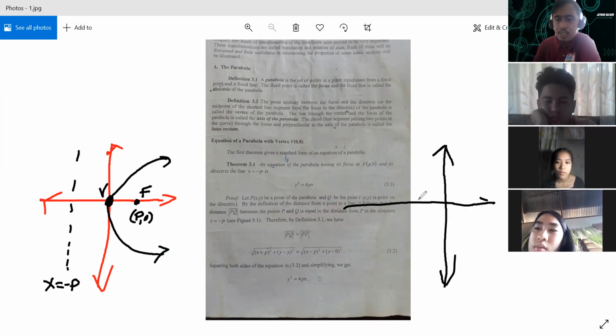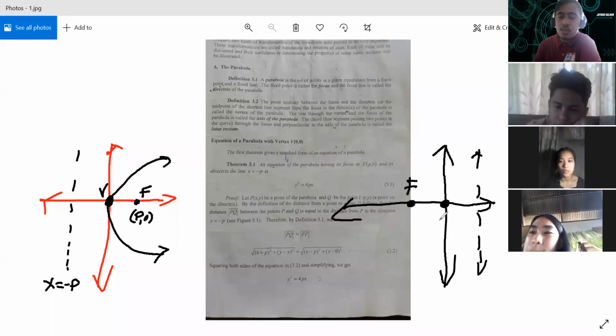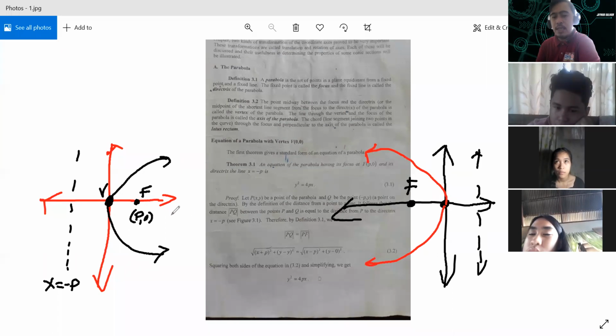That is another possible case. This is your vertex. This is your focus here. And this is your directrix. So it's either your parabola will look like this, or this one. It's either opening to the right or opening to the left.